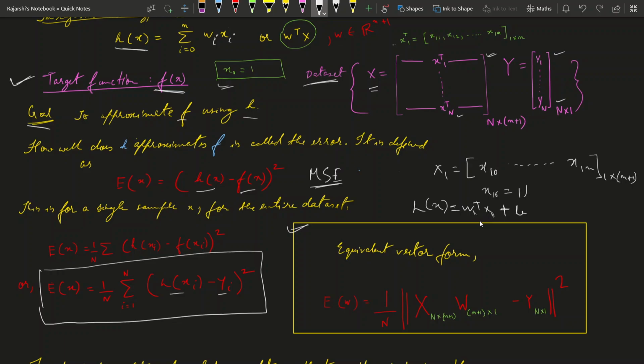So these two have n elements, and you add a single element, which is B. This is basically an affine function. Now if you want to transform this into W transpose X, you can do that simply by increasing the length of the input vector by 1 and assigning 1 to the first value, and then include this B into the weight vector. So that's how you get n plus 1. I hope I was clear.